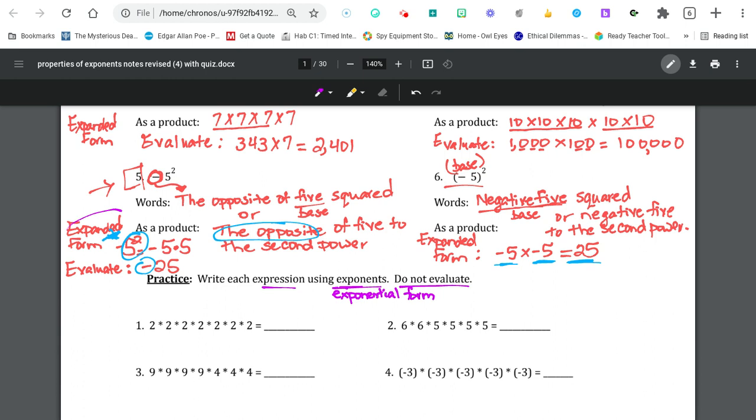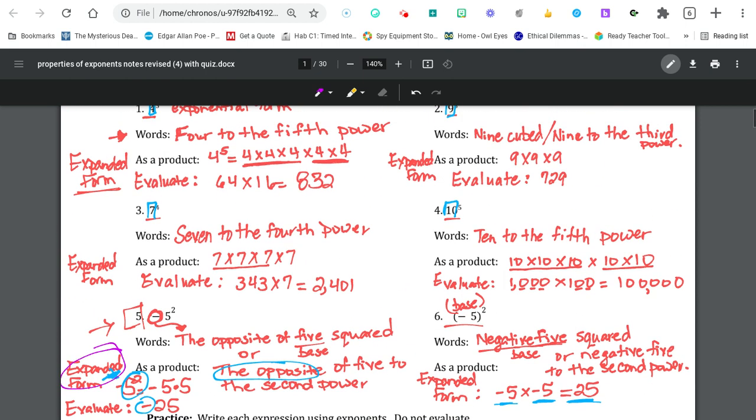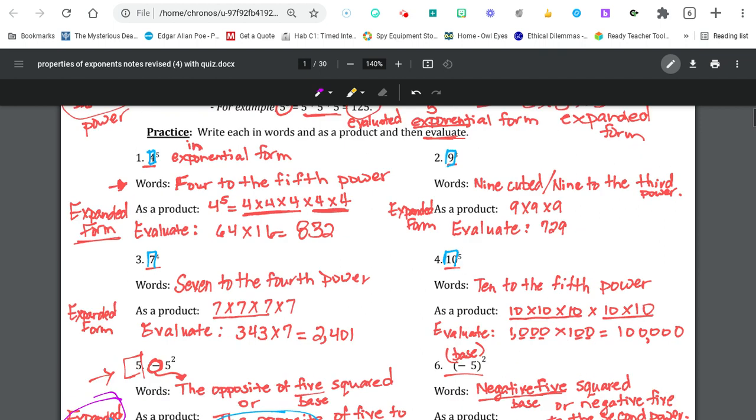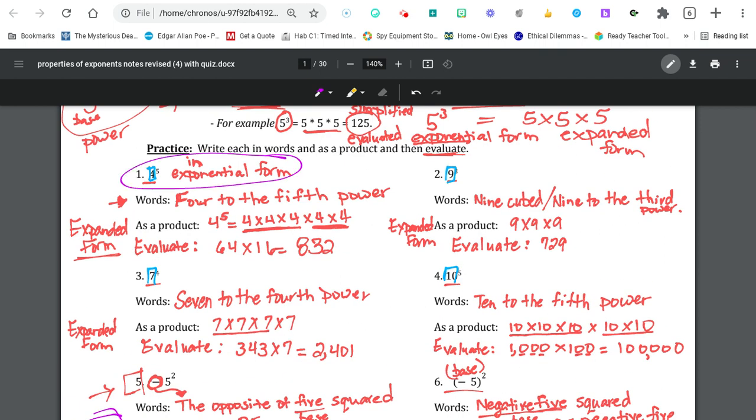On 1 through 6, I was given exponential form and asked to write it in expanded form. But here I was given expanded form, and now asked to put it in exponential form.